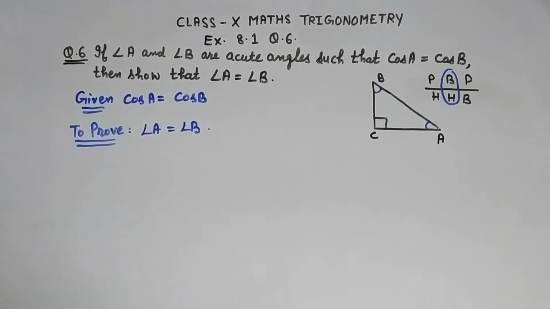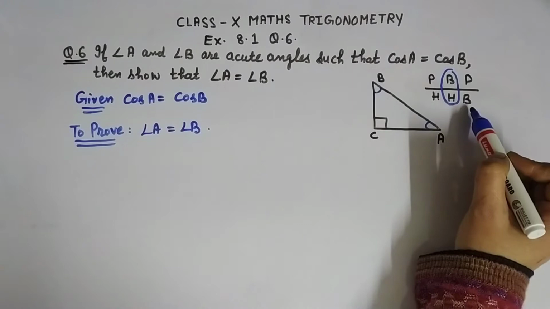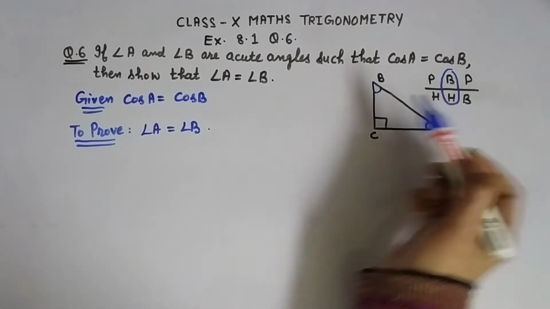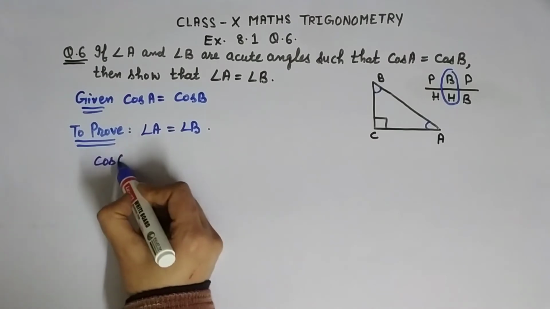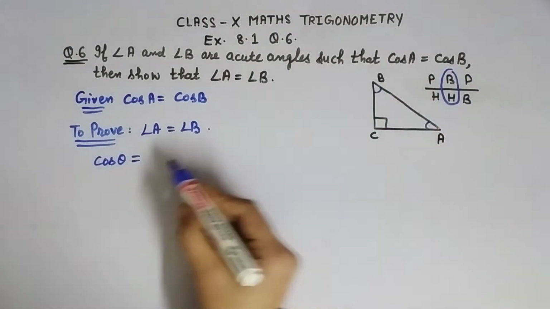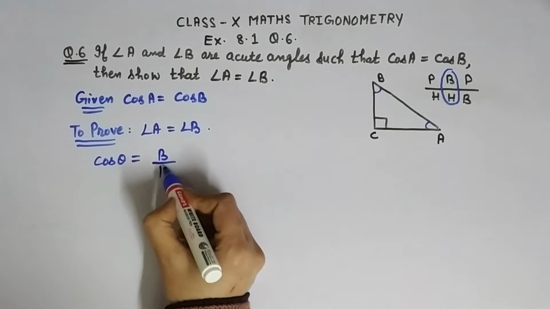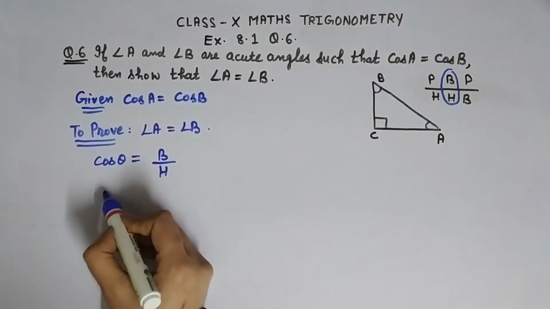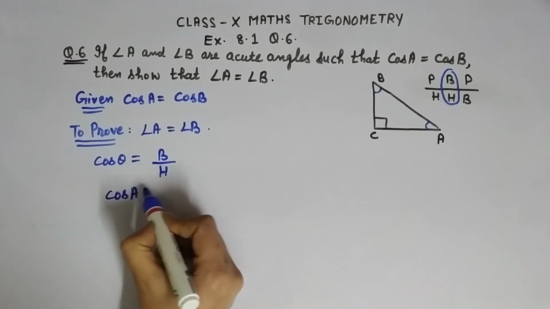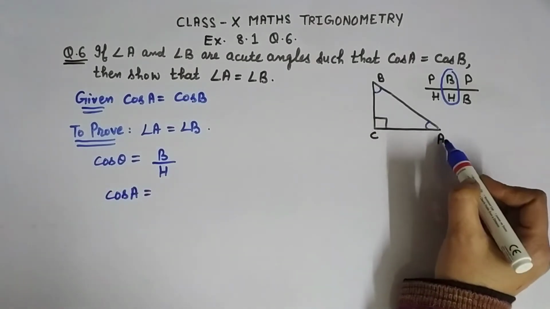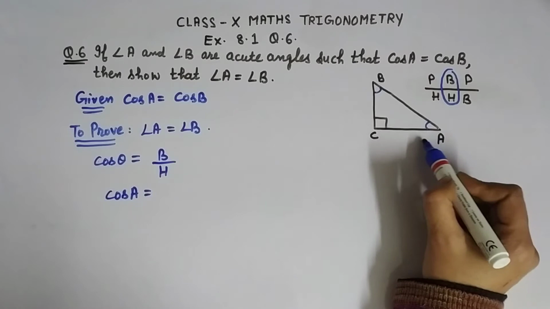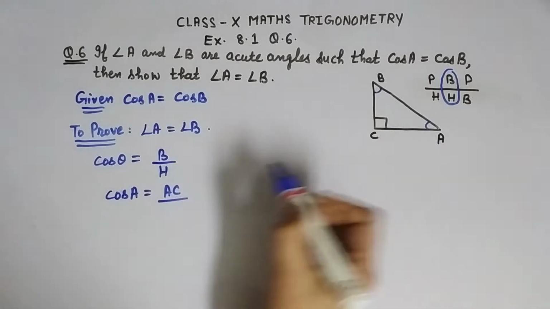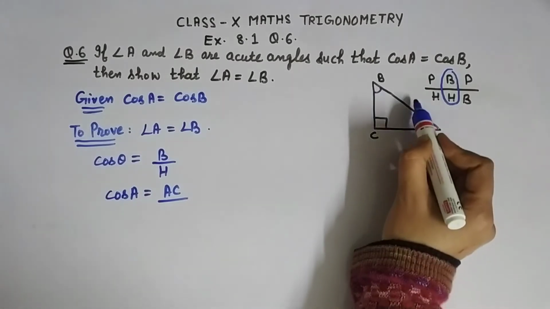Okay, so here our magical trick, that is PBP upon HHP. As we know, cos theta is equal to base upon hypotenuse. So in the question, cos A, we are talking about theta A, then base will be AC, so AC upon hypotenuse, that is AB, the longest side.